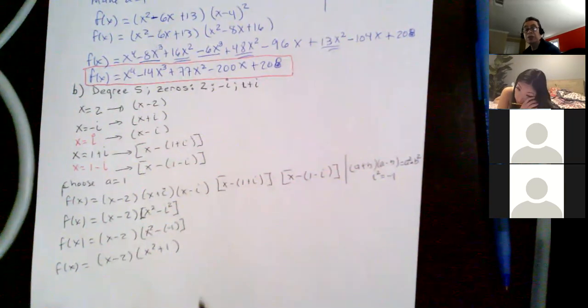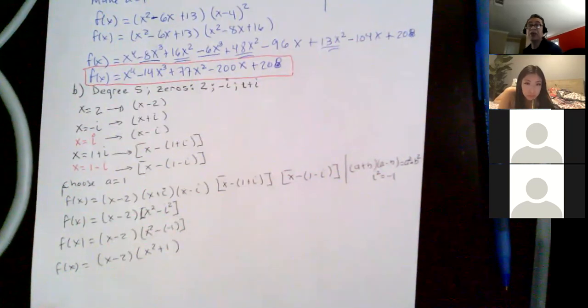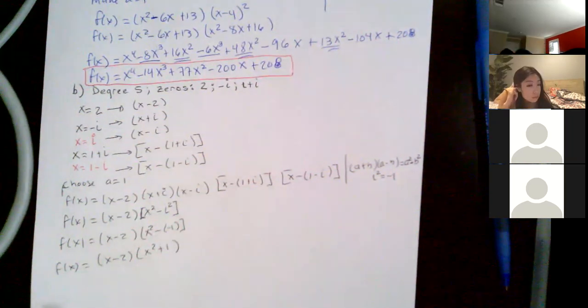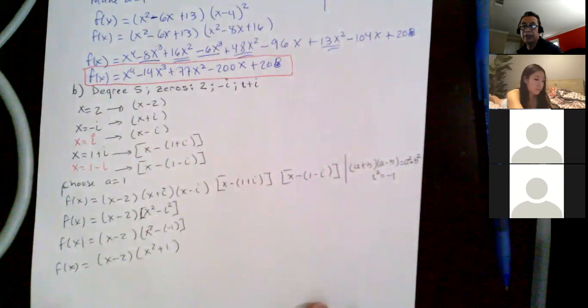I'm going to let you do it, you guys, because I want you to practice. We can do it together, but I want you to practice. You're going to do the same as we did a minute ago. I really want you to try it, and we can check later on.